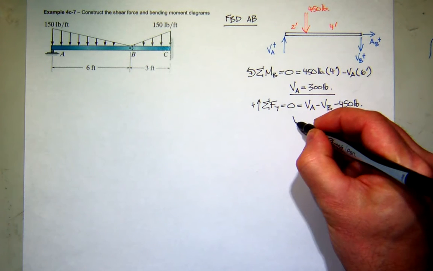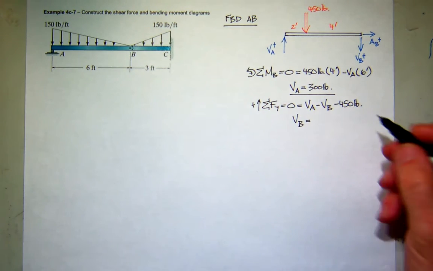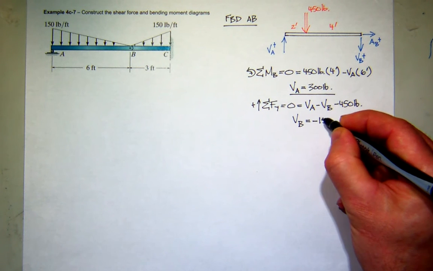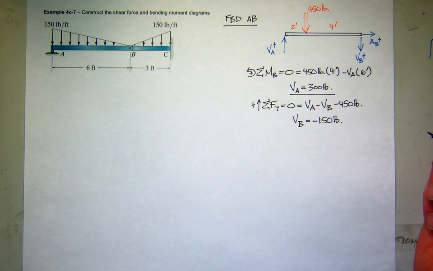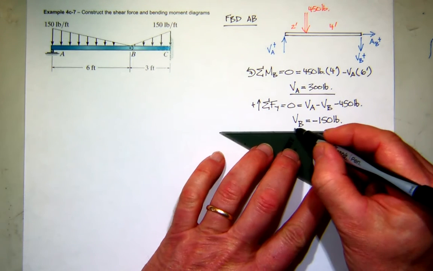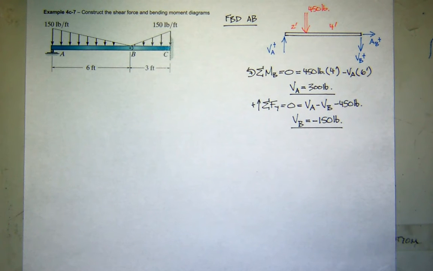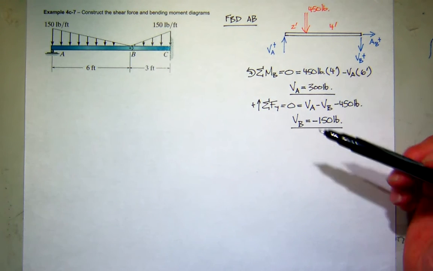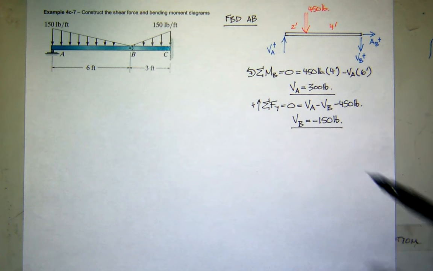So I should get the shear at B, and that looks to be negative 150 pounds. That means I have negative shear at B of 150 pounds. Is that okay? So really I have enough information. I can draw this part of the shear force and bending moment diagram if I wanted to. Couldn't I? You want to do that or you want to wait?